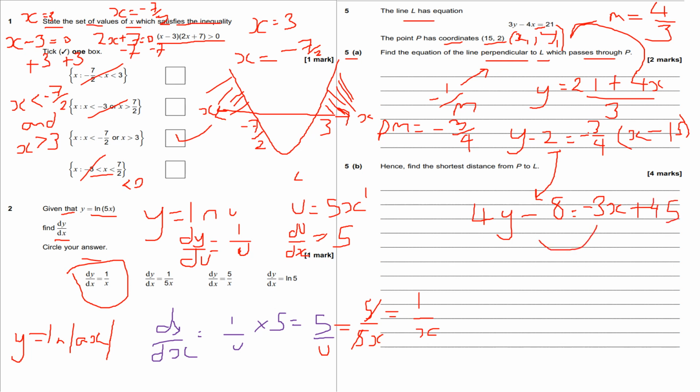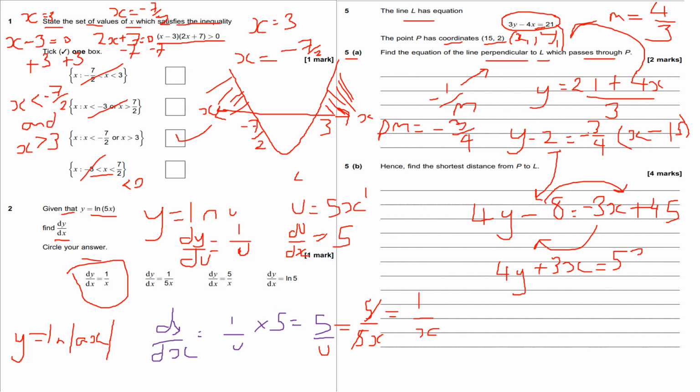Add the 3x and then obviously add the 8, okay? But of course, your answer can be in the form y is equal to mx plus c. But I'm just copying the form that they put there, so I just thought I'd write it in this form. But you can absolutely write your answer in the form y equals mx plus c.